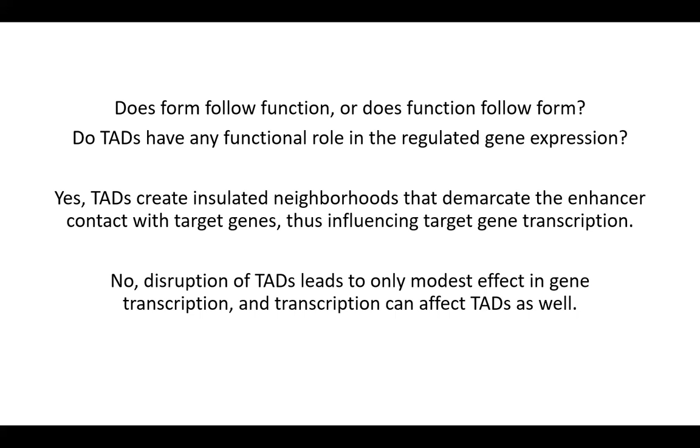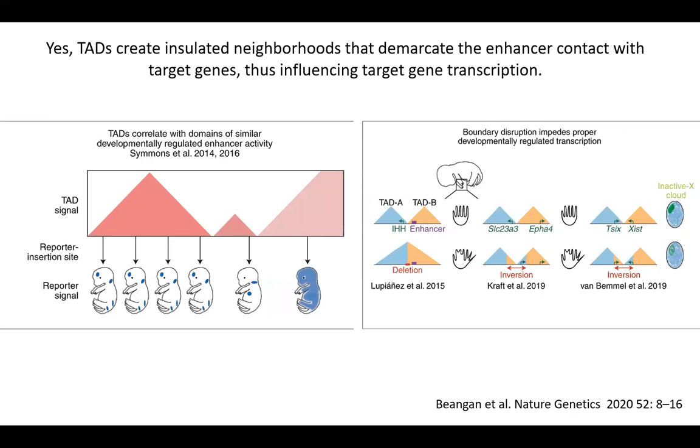So maybe it's not always structure dictating gene expression, maybe gene expression can also change the structure. So it's a very confusing state right now, and there are many different observations that tell us confusing stories.